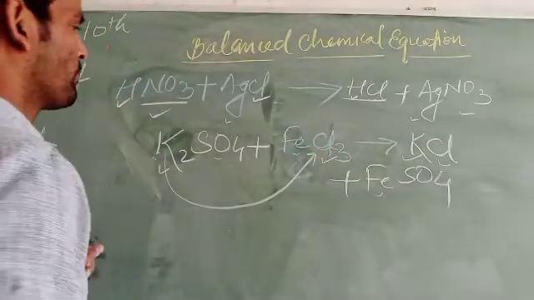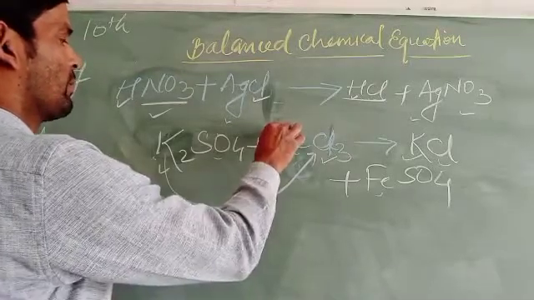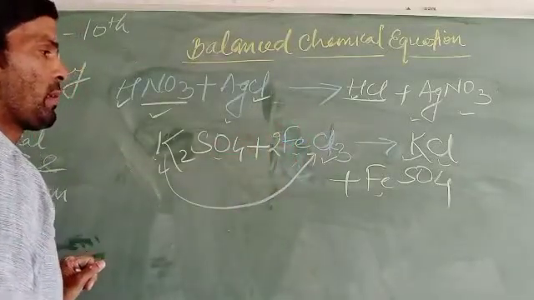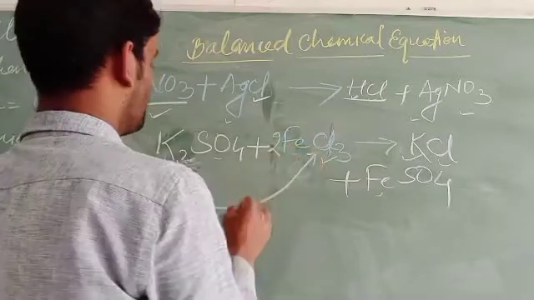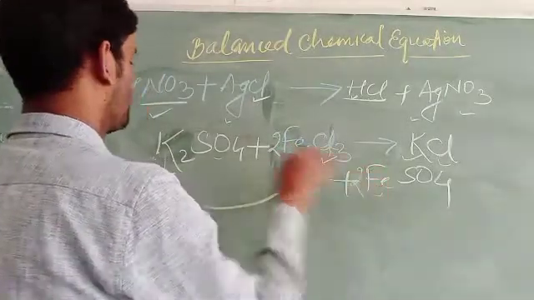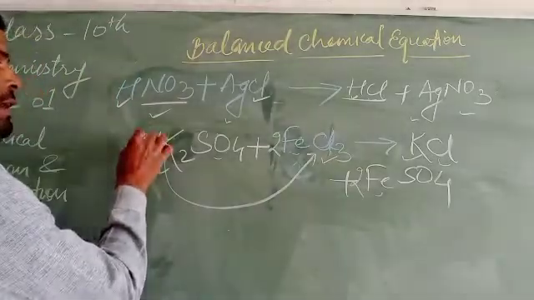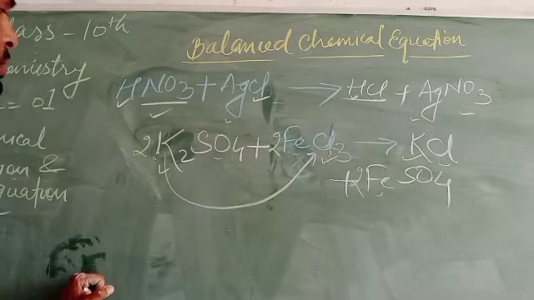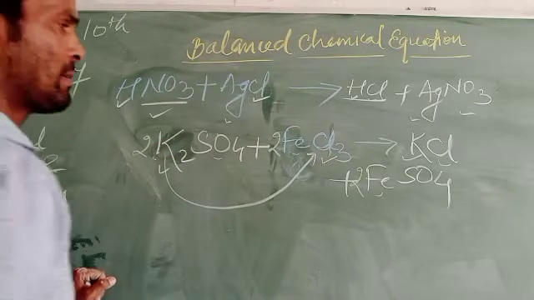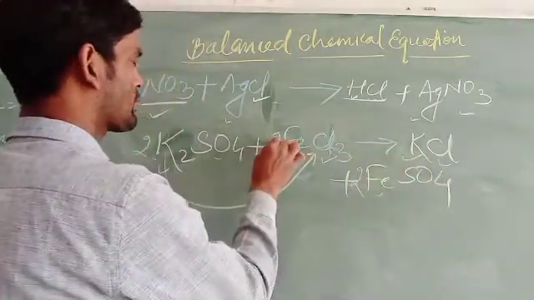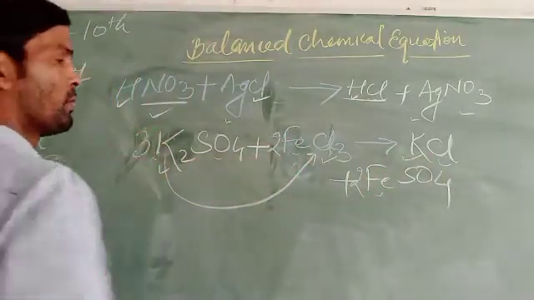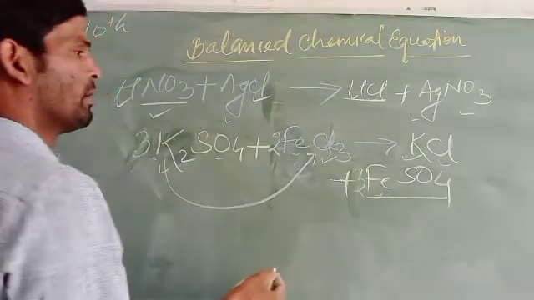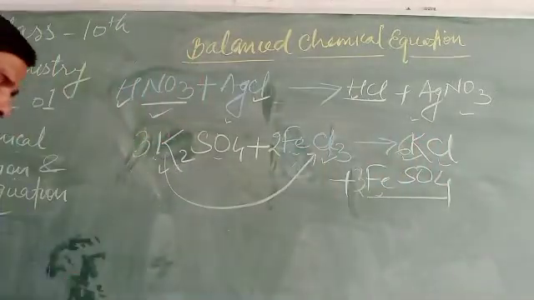And now in that case we will have to write 2 molecules of Fe. If it is 2 molecules, so the sulfate gets 2 molecules, and in that case 2 molecules of potassium. So in that case KCl is 2, 3 times 2 is 6, K is equal to 3. So it will be 3 molecules of ferrous sulfate and 6 molecules of potassium chloride.